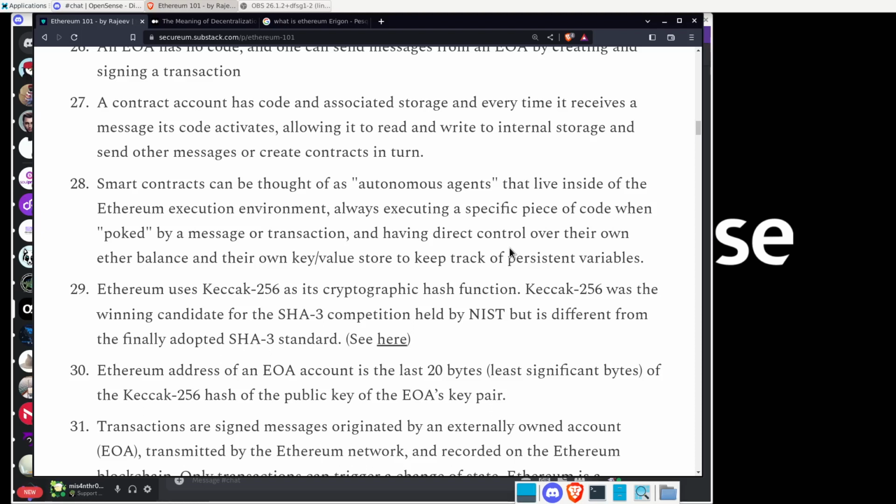Ethereum uses Keccak-256 as its cryptographic hash function. Keccak-256 was a winning candidate for the SHA-3 competition held by NIST, but it's different from the finally adopted SHA-3 standard.